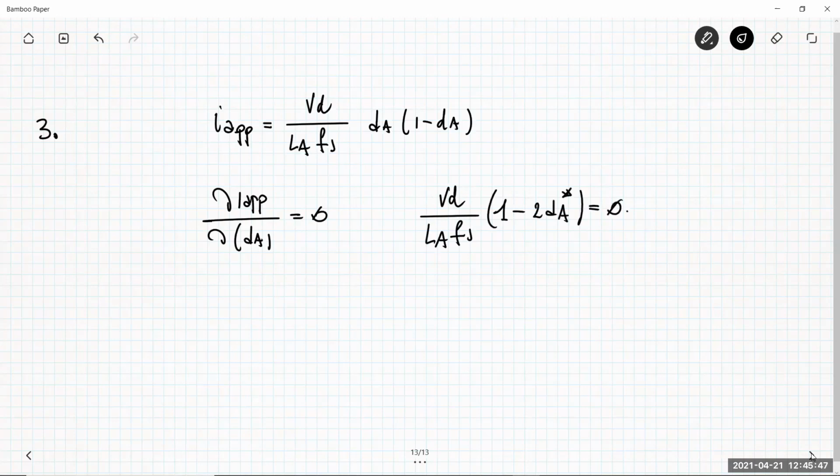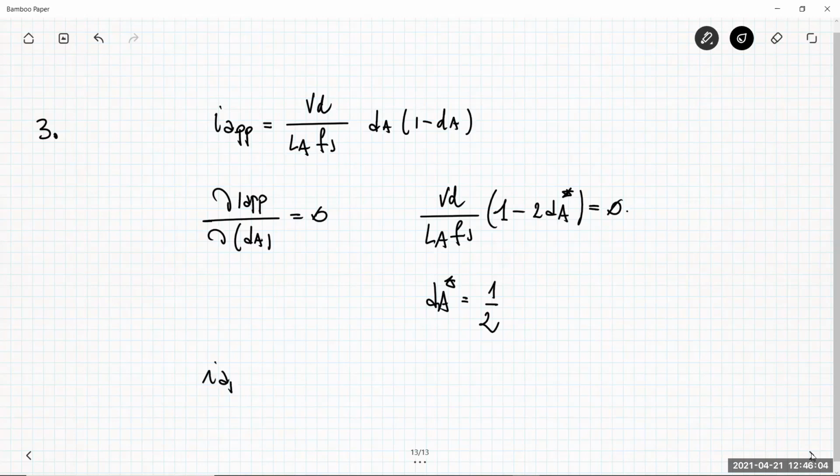So this dA is the one for which you can have the maximum ripple. dA star, you can find, is 1/2. For the duty cycle which is exactly 1/2, you have the maximum.